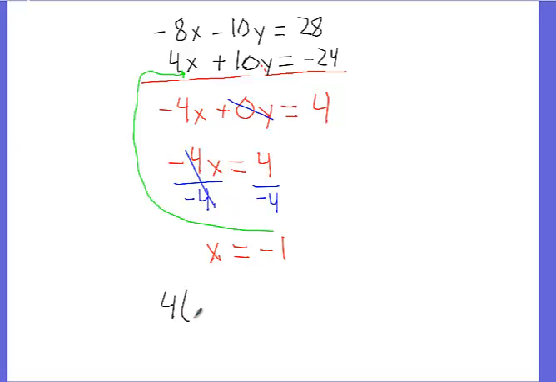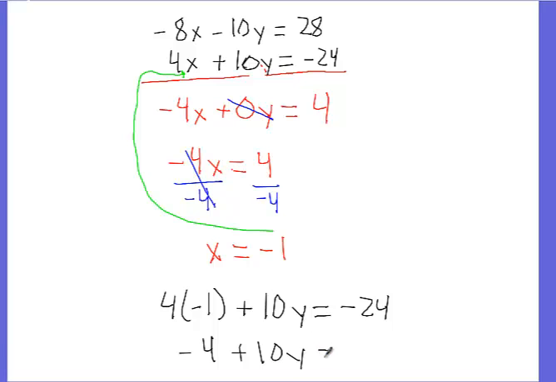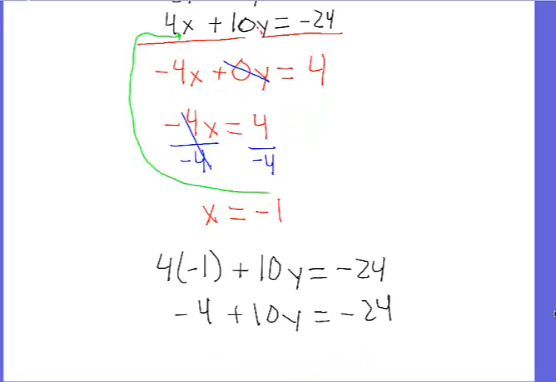So it's going to be 4 times the negative 1 plus 10y equals negative 24. Okay, so that's going to simplify to become negative 4 plus 10y equals negative 24.